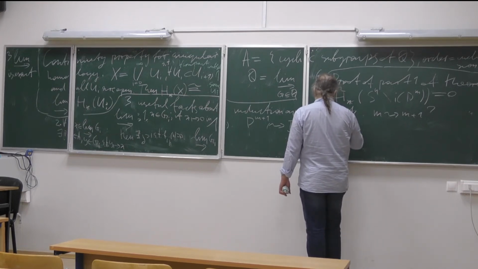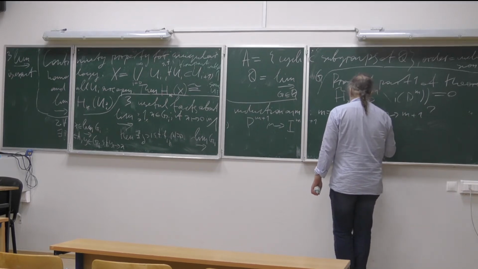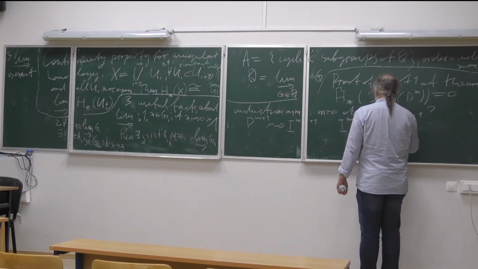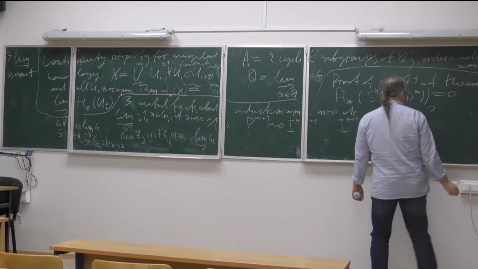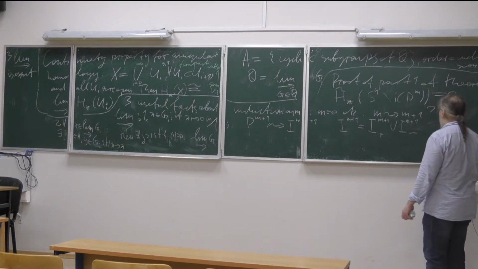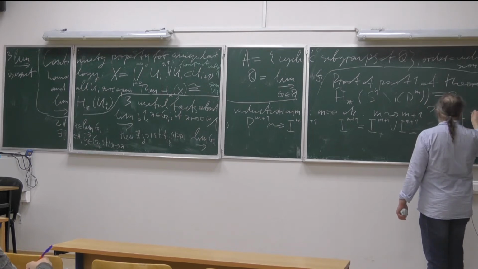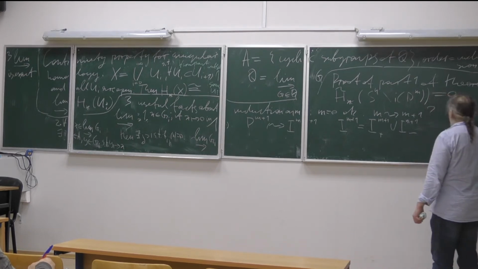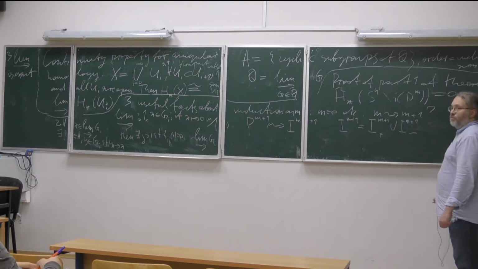I take I^(m+1) and represent it as I^(m+1)+ union I^(m+1)-, where the plus and minus correspond to the last coordinate being from 0 to 1/2 and from 1/2 to 1.